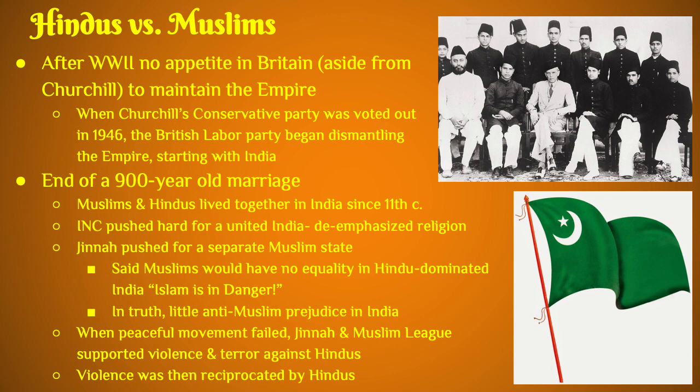When the peaceful efforts to gain more opportunities for independence for Muslims failed, then Jinnah led the Muslim League to start supporting violence and terror movements against Hindus. And it's not surprising then that you would have violence going in the other direction. Violence by Hindus against Muslims, so it's kind of sad that so much of this broke apart because of the political ambitions of one man.